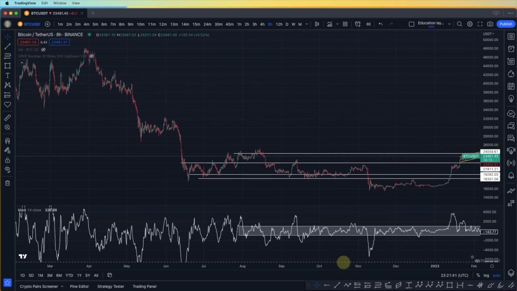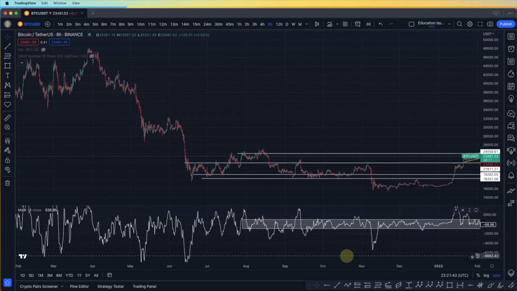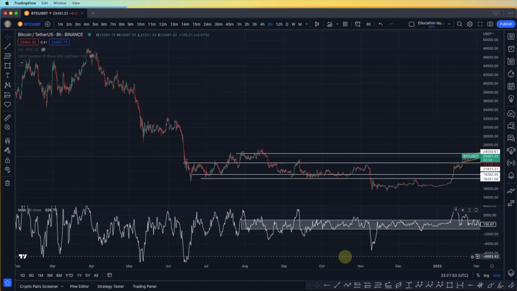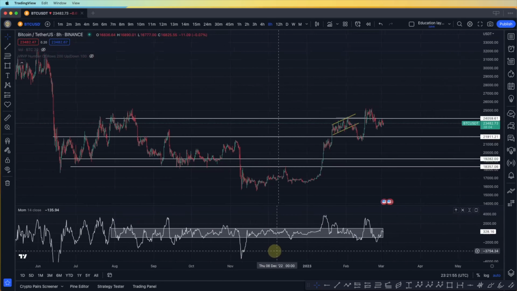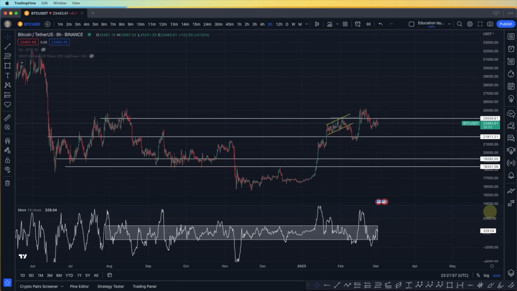Potentially we get a confirmation, not a confirmation, but a kind of potential reversal pattern, and we need to study this more to get into the trade.